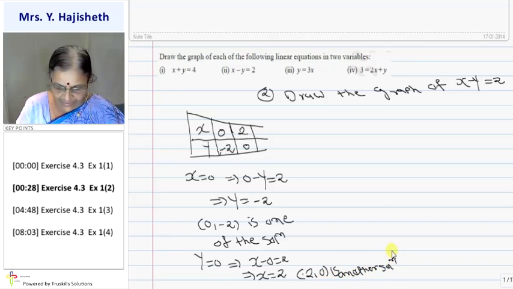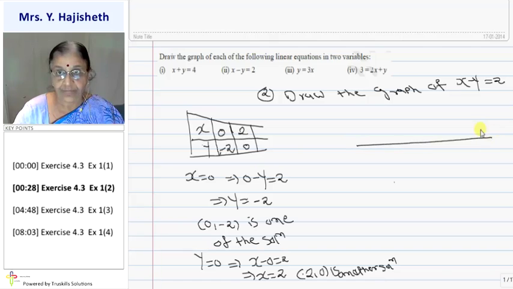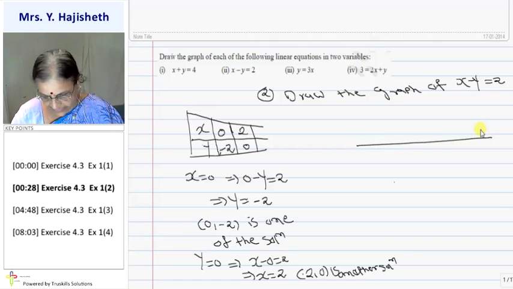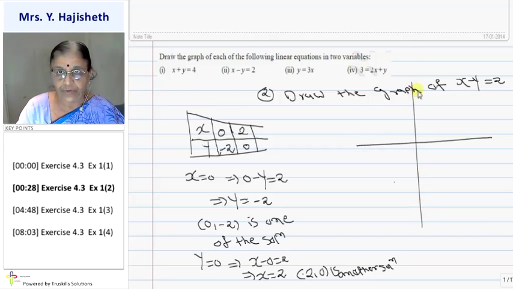Now let me draw the graph. I draw coordinate plane, okay? X-axis and y-axis. They are mutually perpendicular, okay? This is my y-axis. This is my x-axis.